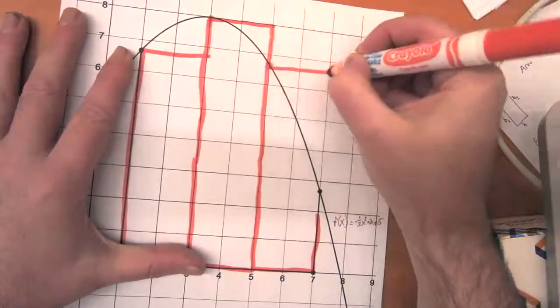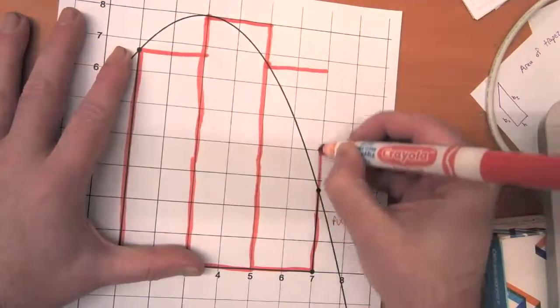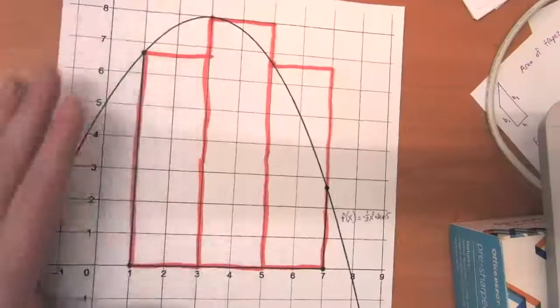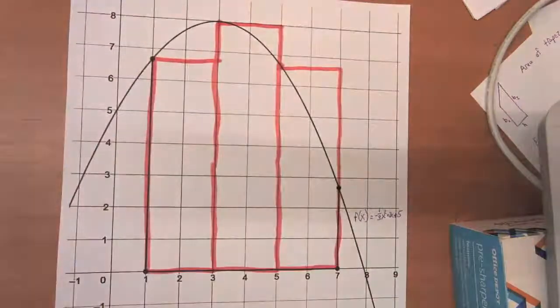Okay, so these 3 rectangles are going to look like this. And if I take the area of these 3 rectangles, which I am able to do using my knowledge of functions and of geometry, it'll be at least an estimate.